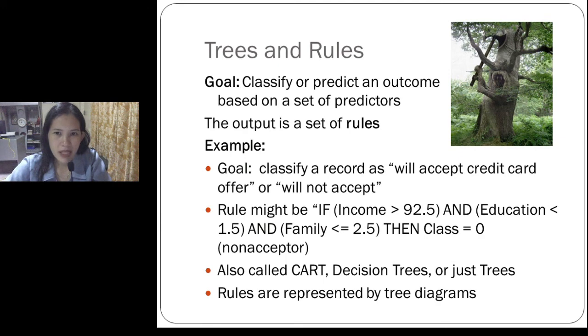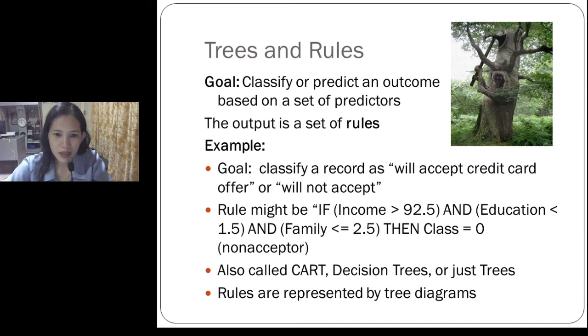Trees are based on separating records into subgroups by creating splits on predictors, and these splits create logical rules that are transparent and easily understandable. For example, if age is less than 55 and education is greater than 12, then class equals 1.